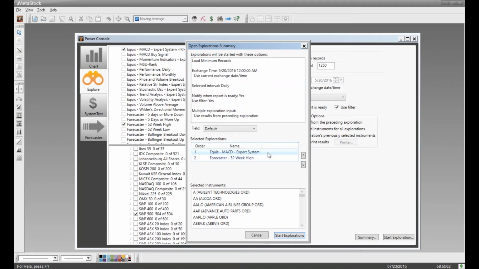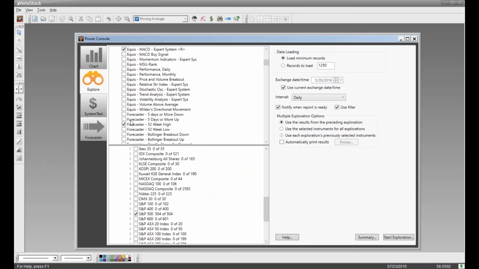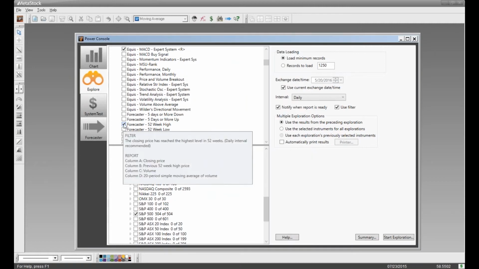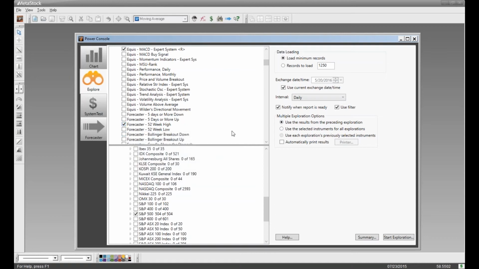So we're searching for the MACD first, and then we're going to take those results and search for a 52-week high. I could also reverse that just by clicking the arrows here. So we can set it up a few different ways, which is very, very handy. Now I haven't run that exploration, so I don't know if we're actually going to get anything on that one, but we can take a look.